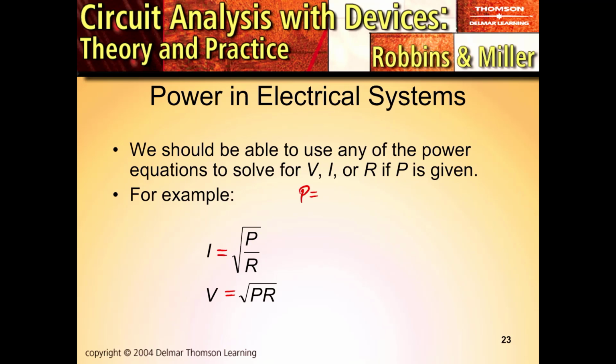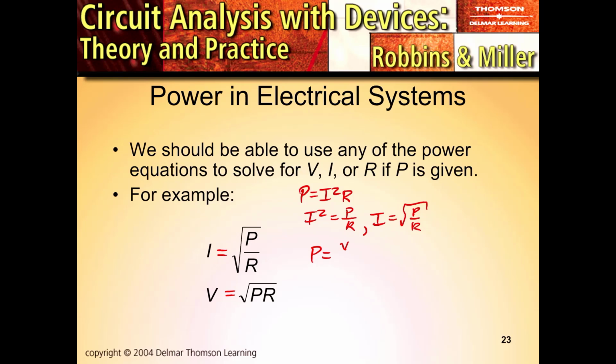Well, P equals I squared R, so therefore I squared equals P divided by R, and I equals root P over R. Okay, get the idea.